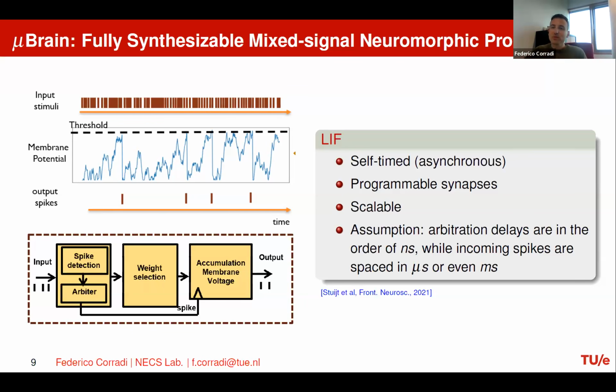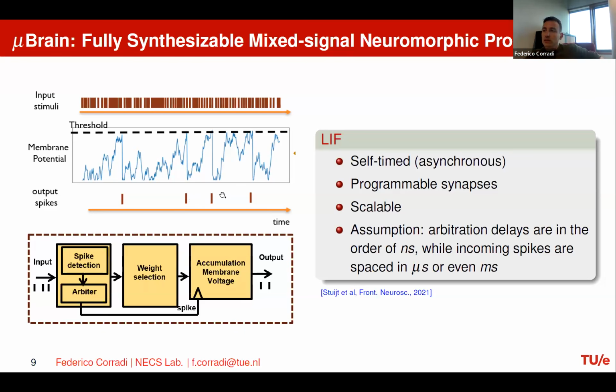What we wanted to do in this specific design, we wanted to first demonstrate that it is possible to go through the digital flow with analog mixed signal cells, and we wanted to achieve very high fidelity between software and hardware.